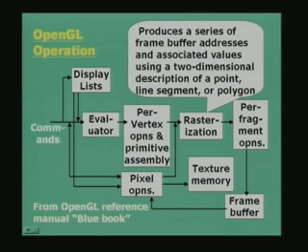It produces a series of frame buffer addresses and associated values using a 2-dimensional description of a point, line segment or polygon. This is a process of visible surface detection and shading, where rasterization produces a series of frame buffer addresses and associated values using a 2-dimensional description of a point, line segment or a polygon.